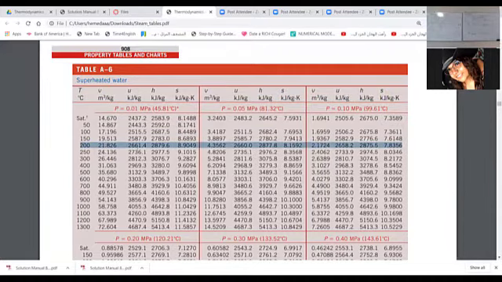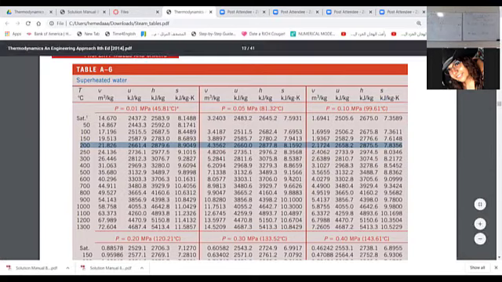So you can get a specific volume, a specific internal energy, a specific enthalpy, a specific entropy. Can you see this row, guys? 150, 200, this row. Say yes or no? Yes. Okay, great.